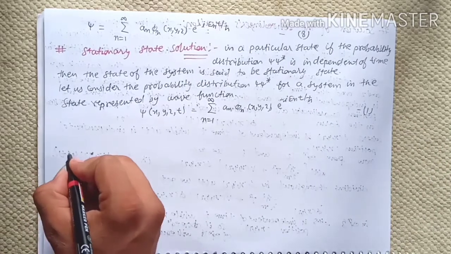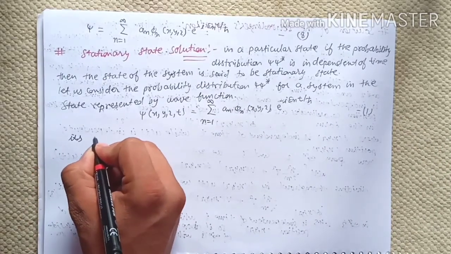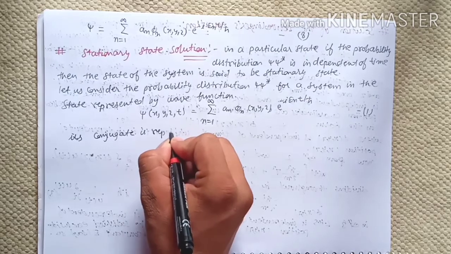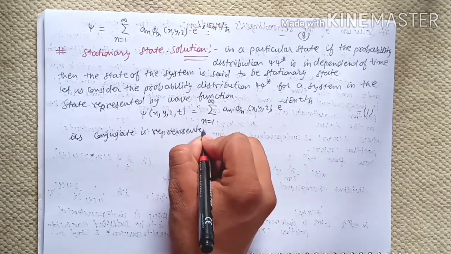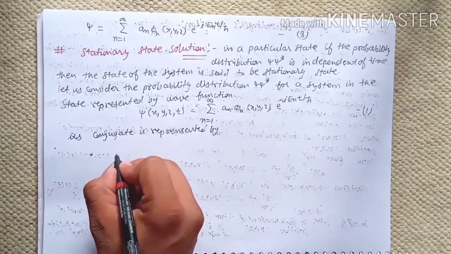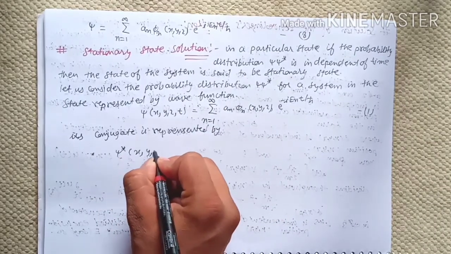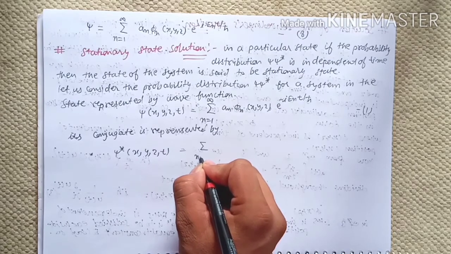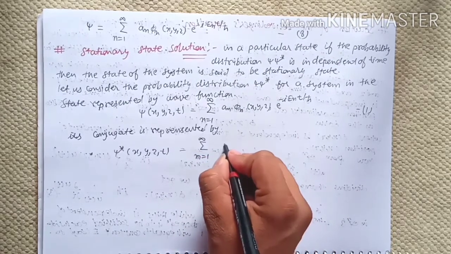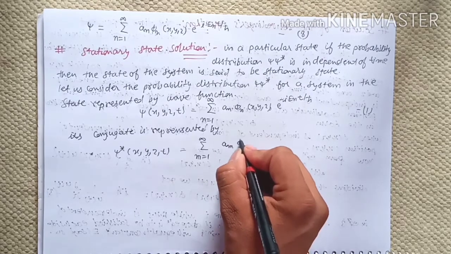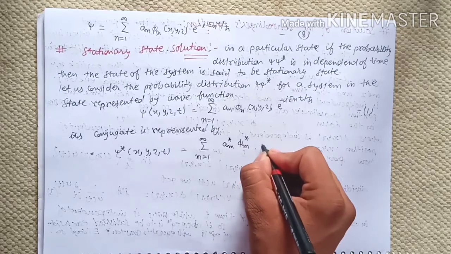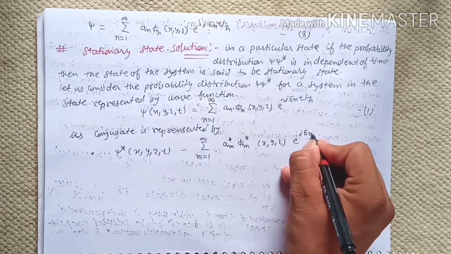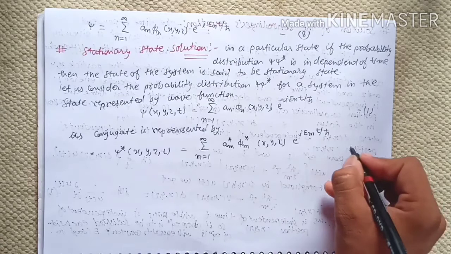Equation number 1. Its conjugate is represented by psi star x y z t is equal to summation m is equal to 1 to infinite am star phi m star function of x y z e raised to power iota Em t by h cut.